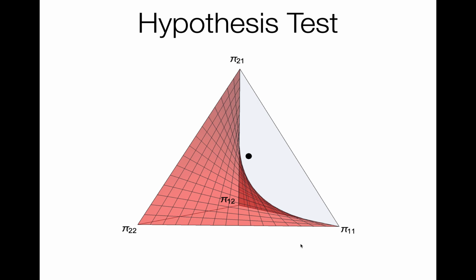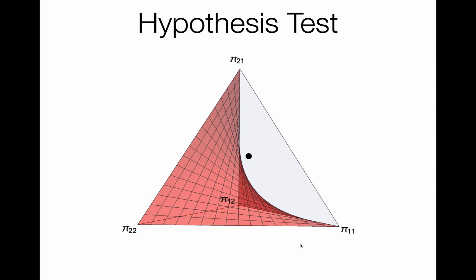That's the sort of decision I'm going to make. If the point is really far away from that surface, then it's probably unlikely that the table came from a population where the variables were actually independent.